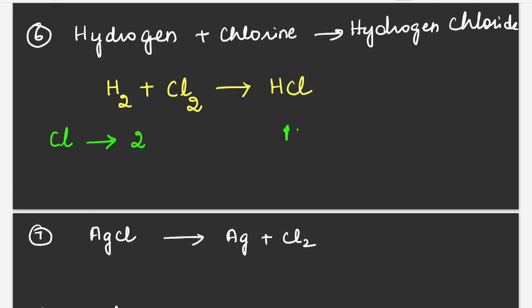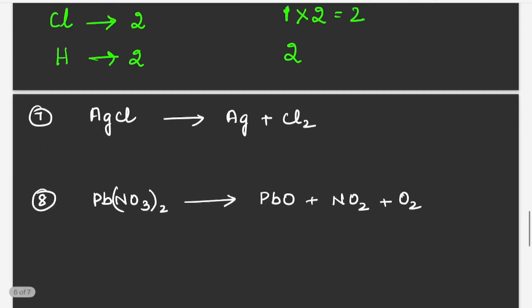So I have to balance this. Multiply with 2. So here I'll be writing 2. Now check hydrogen, how many are there. On this side you can see 2 hydrogen atoms. Here also you can see 2 hydrogen. Therefore it is balanced. So hydrogen is 2 and 2 on both sides. Therefore this equation is also balanced.